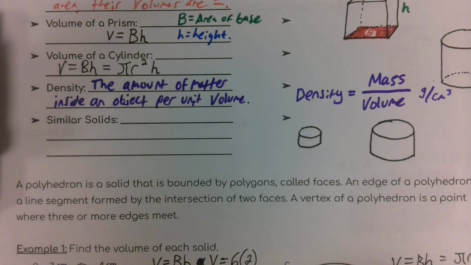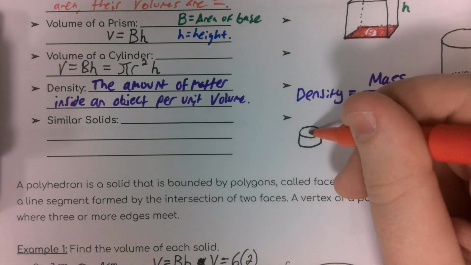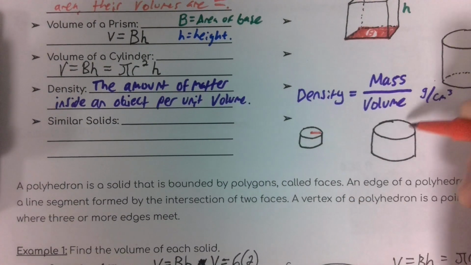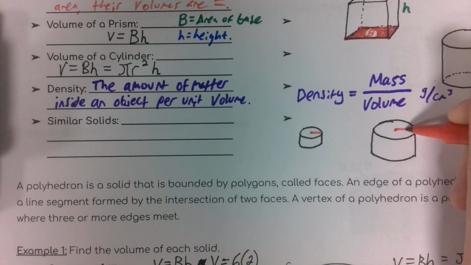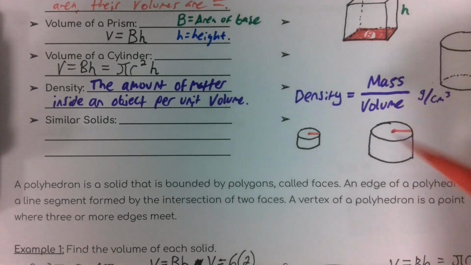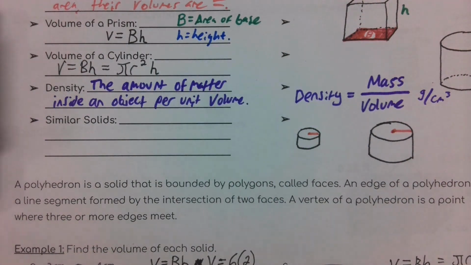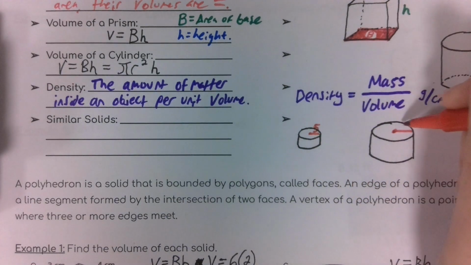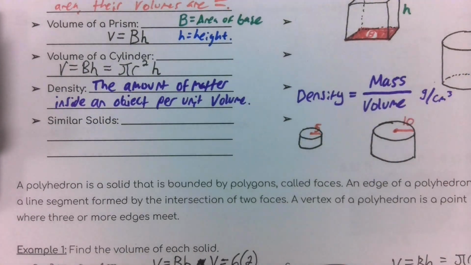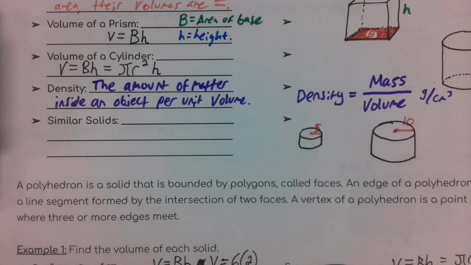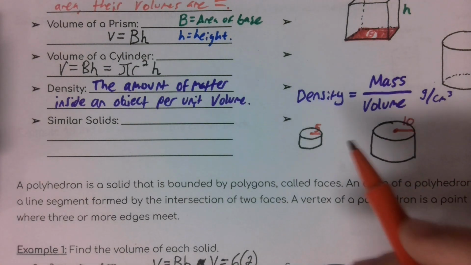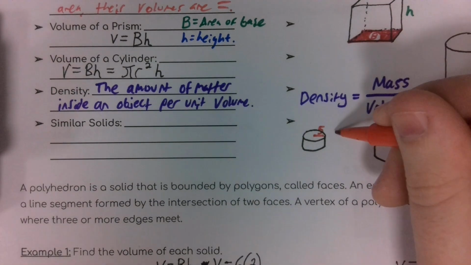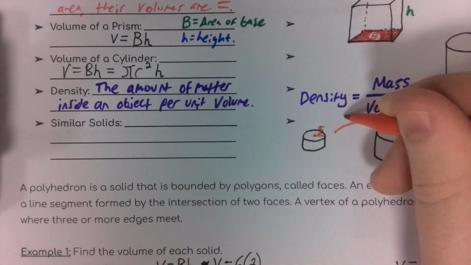This is where we get into the idea of similar solids. In order for two solids to be similar, we know we have to be able to find a scale factor between them. Let's say that this is 5 and this is 10. Well, the scale factor of those two measurements, the radii, would be 5 times 2 equals 10.